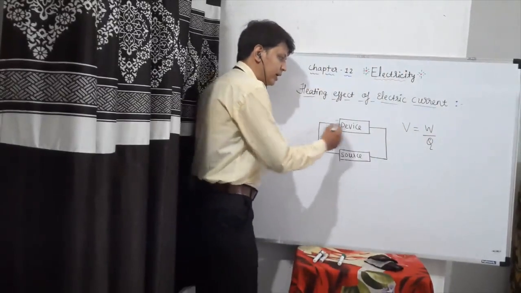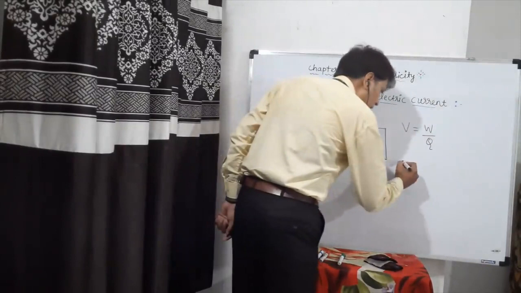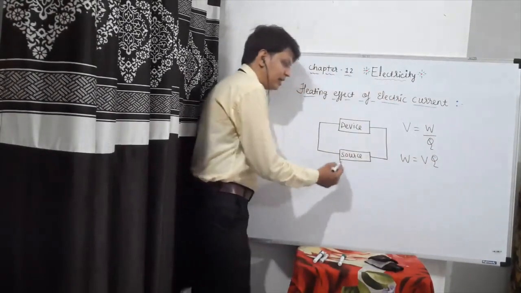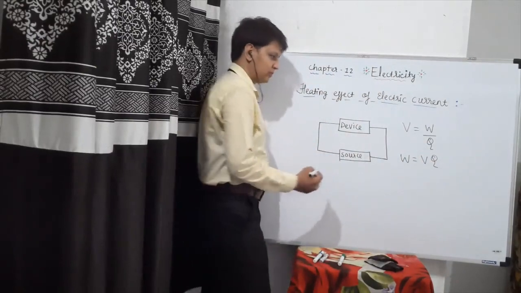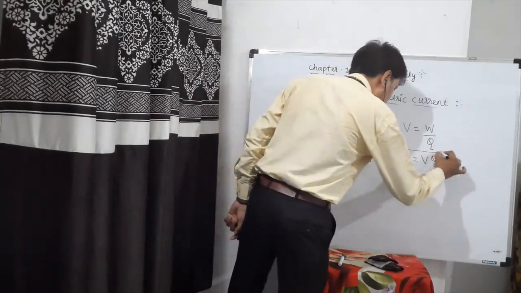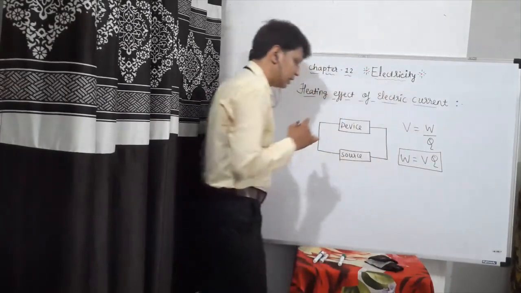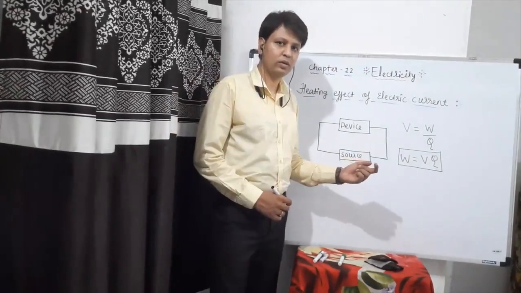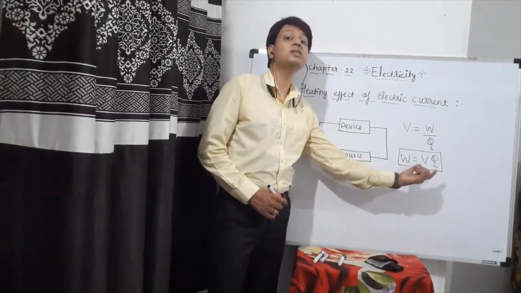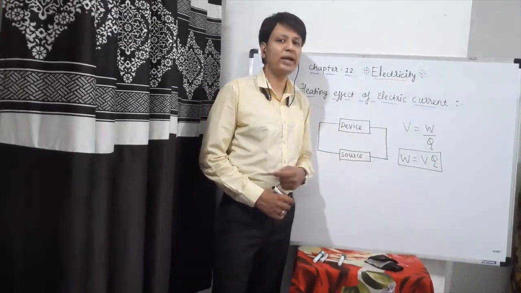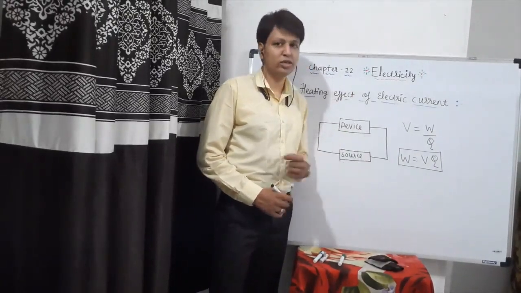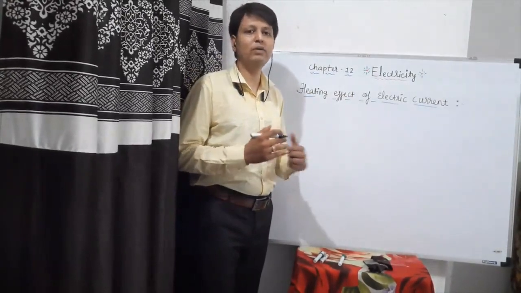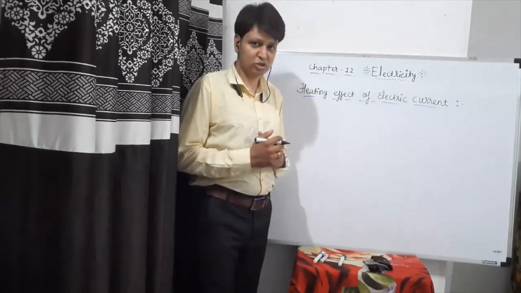So to maintain the current, work done will be equal to VQ by the source. So W will be equal to V into Q, the work done by the source. So at last I can say that VQ is the energy which is provided by the source to this device.